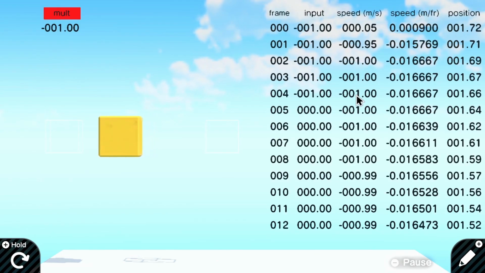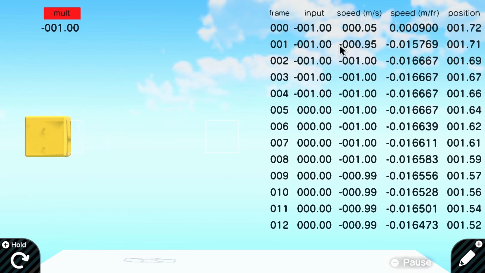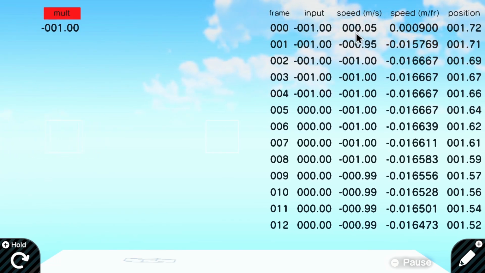And only when, for example here, the speed was 0.05 and you send -1, it became -0.95. Only then, the frame after, did it actually reach the input value. So what's going on here? Well, actually, this is exactly the same as what the acceleration setting was doing.